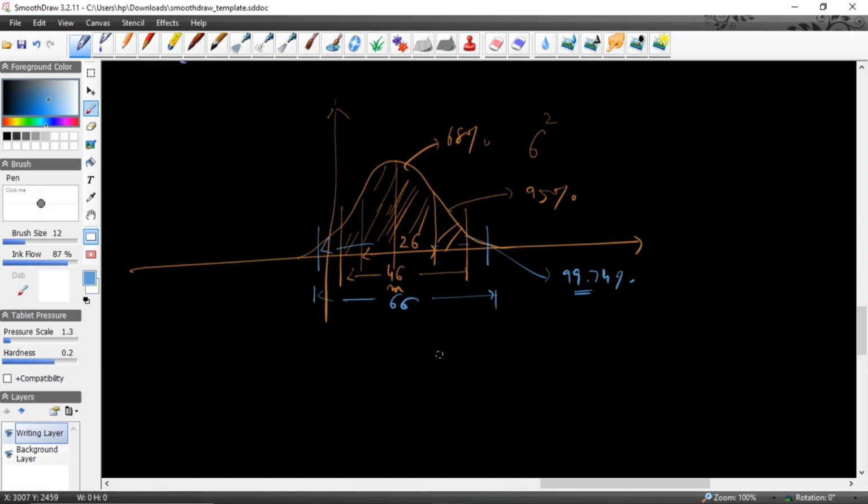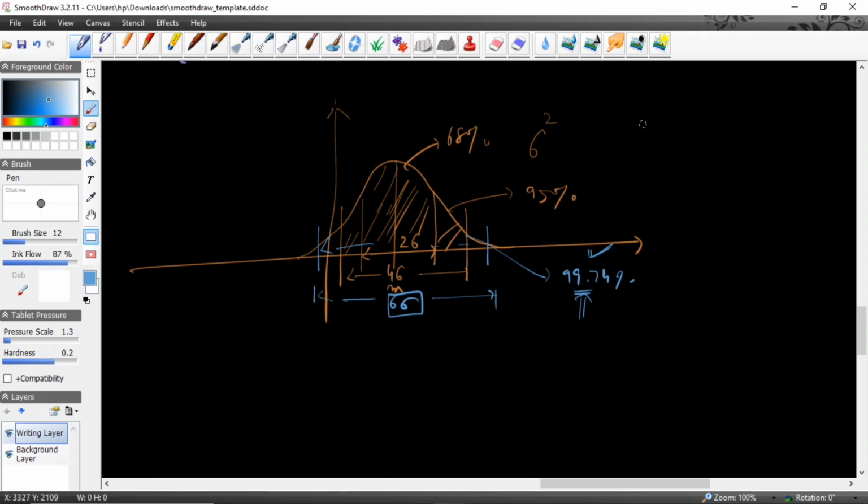Okay, so it means roughly the total width of the Gaussian random variable is basically 6 sigma, because beyond this you only have 0.26% of values left. 99.74% of the values which the Gaussian random variable will take will lie between this range, mean plus minus 3 sigma.